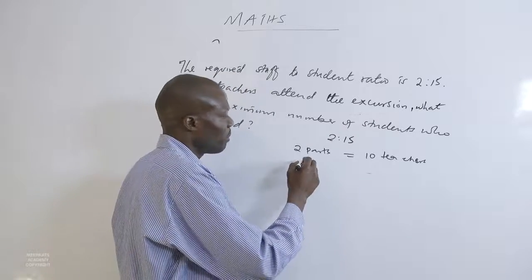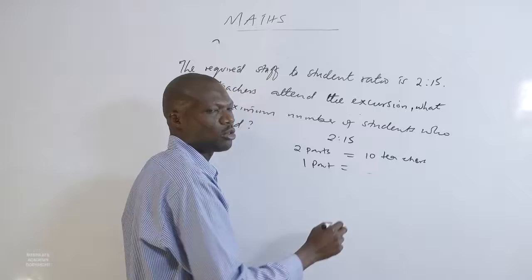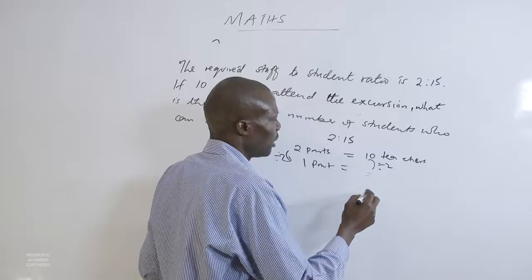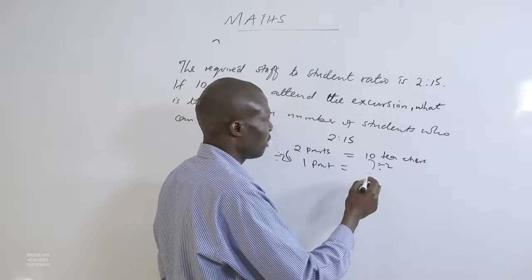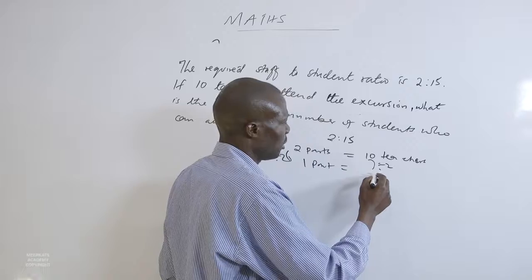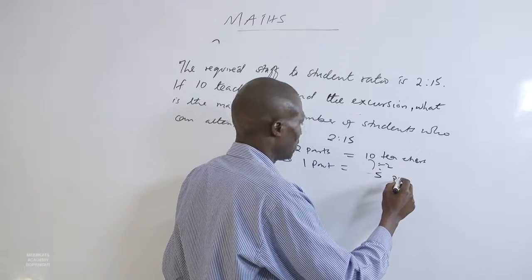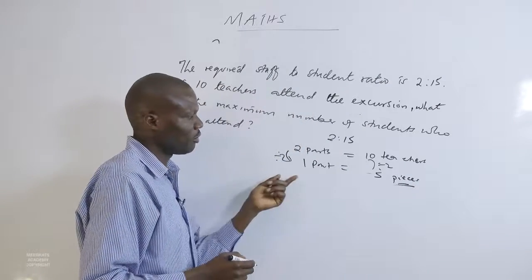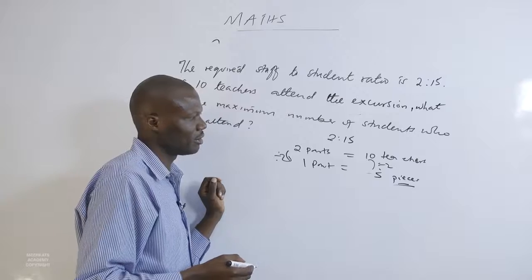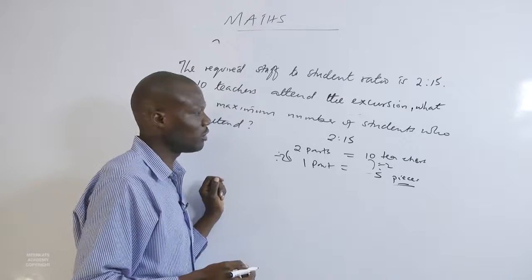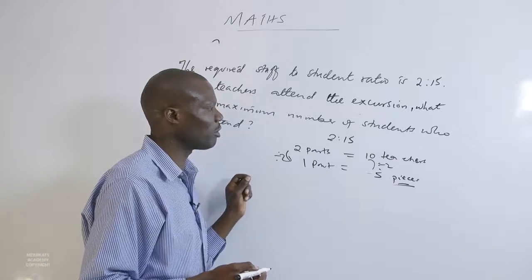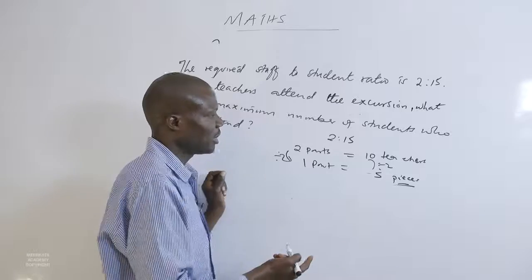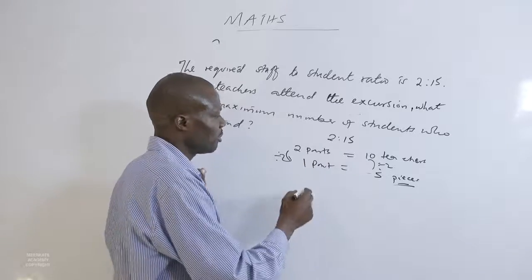When you talk about 1 part, we divide this by 2, and divide this one by 2, it will give us a total value of 5 pieces. So if one part is this, then for us to get the maximum number of students, we are looking for how many parts? 15 parts.